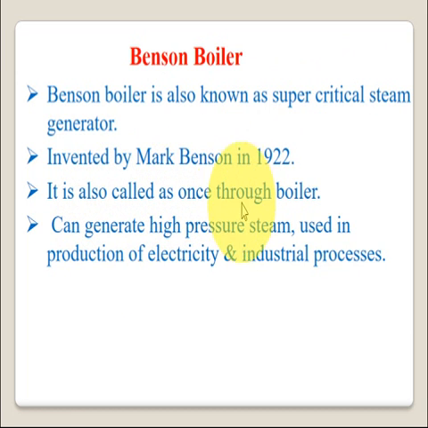It is also called as once through boiler because water enters at one end of the tube, and at other end of tube we are getting superheated steam, and the tube is divided into different sections like convective, radiative, and superheater section. And Benson boiler generates steam at high pressure, and that steam generated is used for electricity generation and industrial processes.